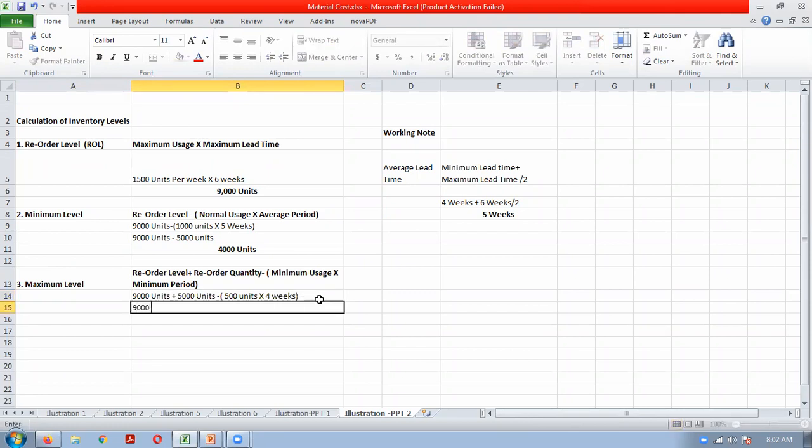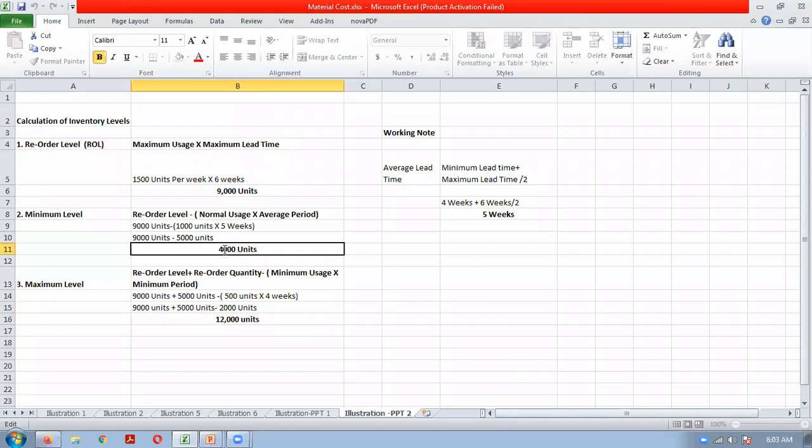First you solve the bracket: 9,000 units plus 5,000 units minus 500 into 4, which will be 2,000 units. Now 9,000 plus 5,000 minus 2,000. So the maximum level you should keep in a business should be 12,000 units. Not more than that. Not more than 12,000 units. Yes, correct.